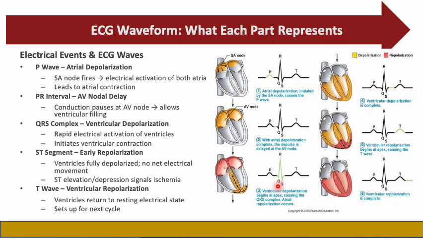Next, you will have the QRS complex. This represents ventricular depolarization. So you end up having the electrical impulse that was paused at the AV node to allow the ventricle to fill. Now the ventricle is ready to contract, and this impulse goes between the two ventricles, and this initiates the contraction of the ventricles.